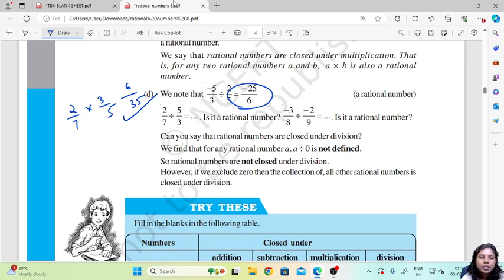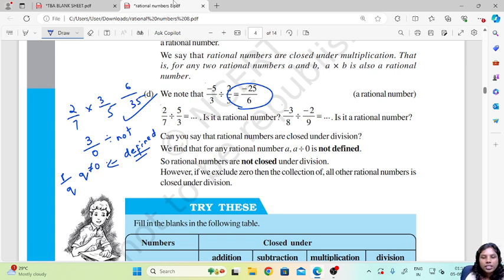Now let's see, if we find out that for any rational number, a divided by 0 is not defined. So say I have 3 divided by 0. In this case, this becomes not defined, and this does not fall under the rational numbers category, where we say p by q and q should not be equal to 0.